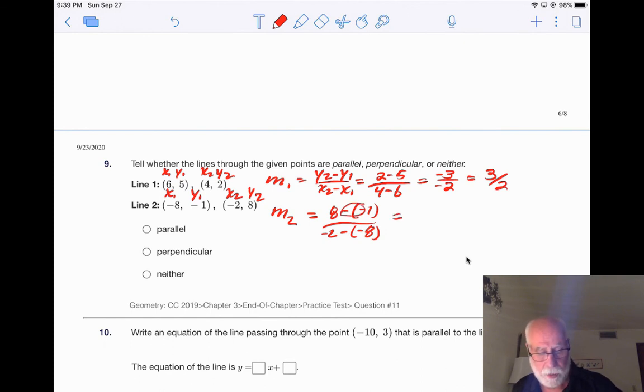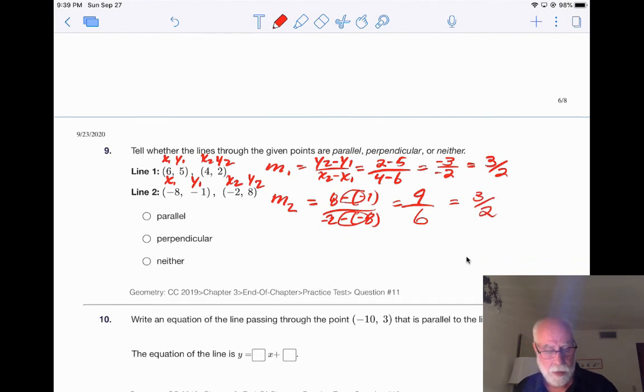So we'll get 8 plus 1, which is 9. On the bottom, we'll have negative 2 plus 8, which is 6. Remember, that can be reduced, and we can reduce that to 3/2. So looks like both slopes are the same, so that would make them parallel.